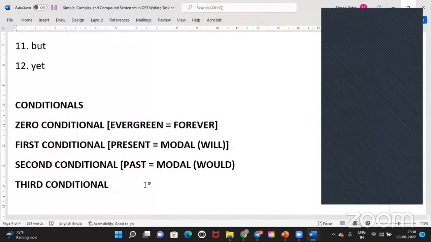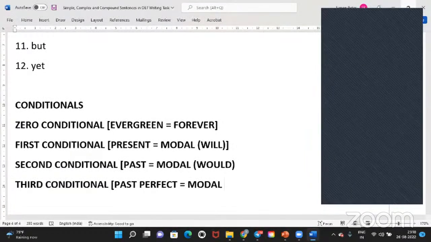So next one. This is past perfect. And the second one will be modal would plus have. If he had come to me, I would have done it.